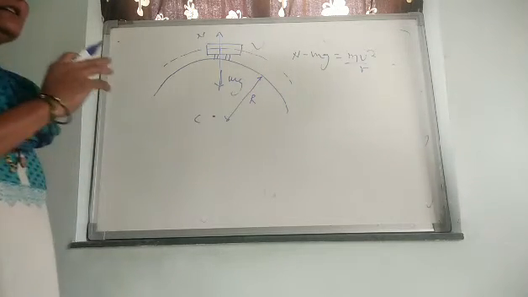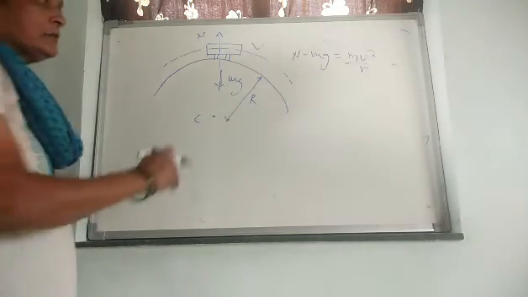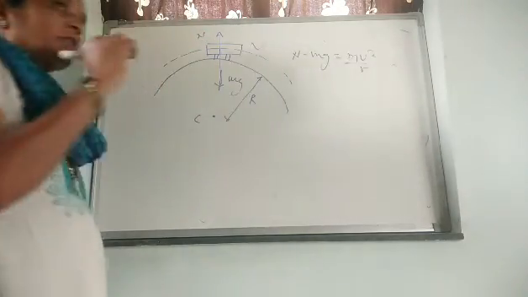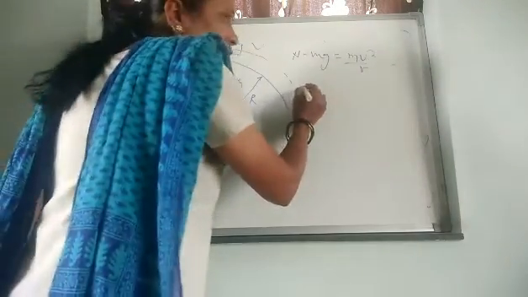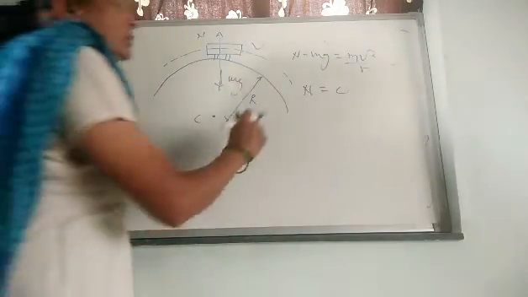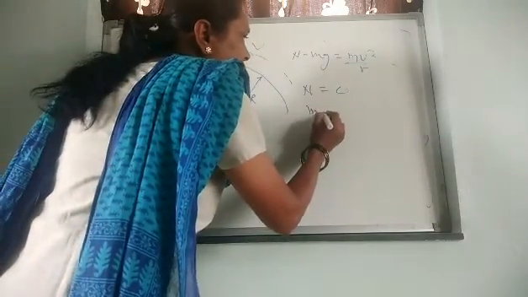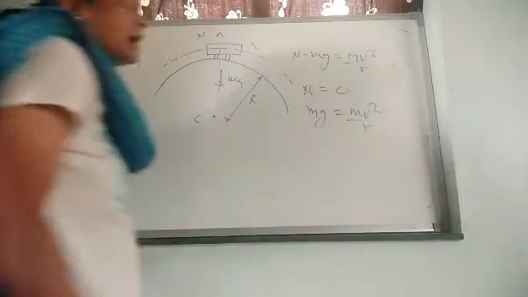Here, if velocity increases, N goes on decreasing. In order to maintain the contact, if N is equal to 0, then mg is equal to mv square upon r.